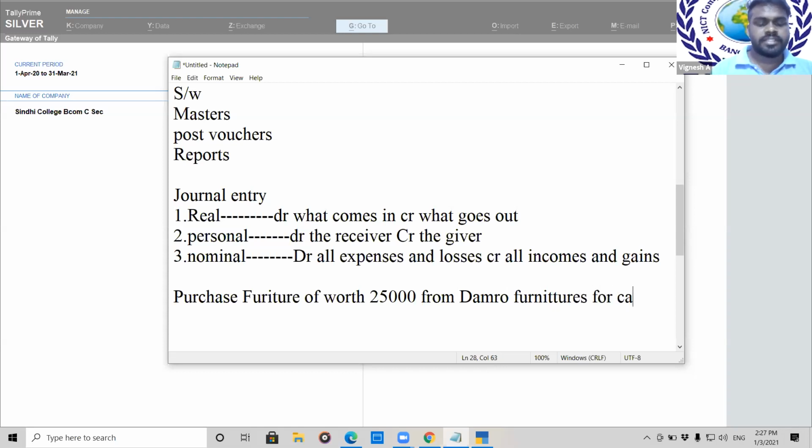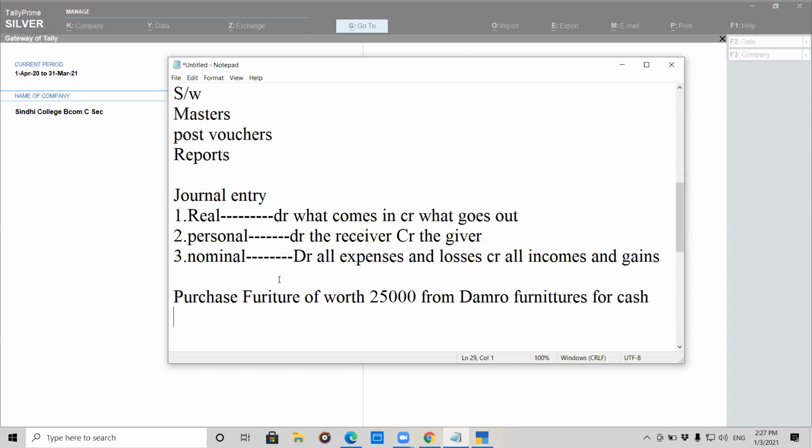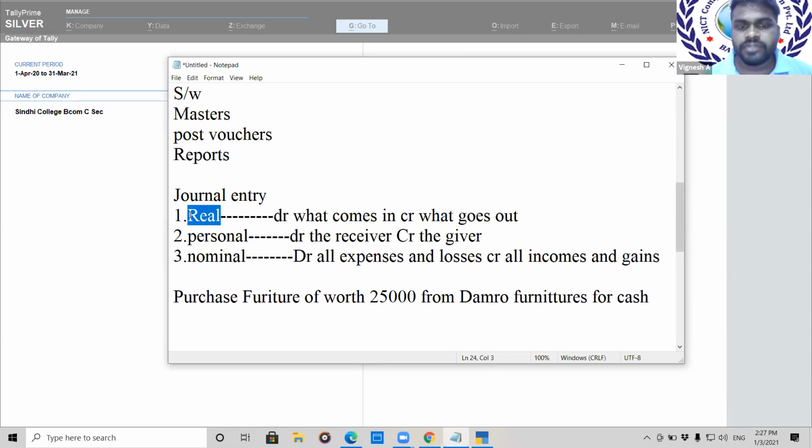Excuse me, sir, I have a doubt. The journal entry thing, real, personal, and nominal, all three mean the same thing, no, sir? No, it's not the same thing. Real relates to all the properties of the business: debit what comes in and credit what goes out.